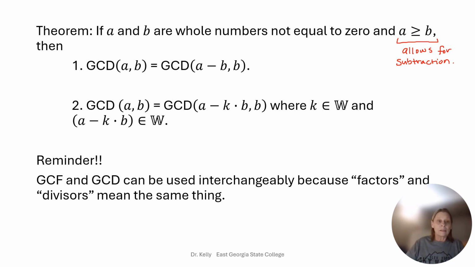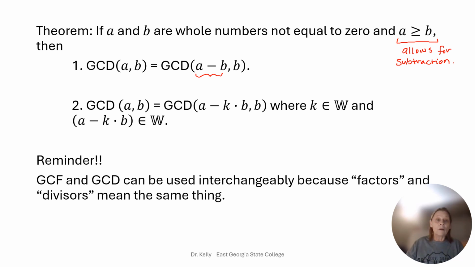Then it says the GCD of A and B is equal to the GCD of A minus B and B, which we just saw in that last example.